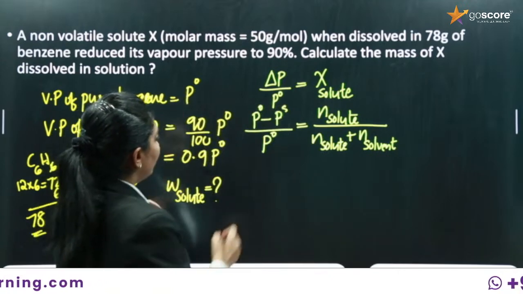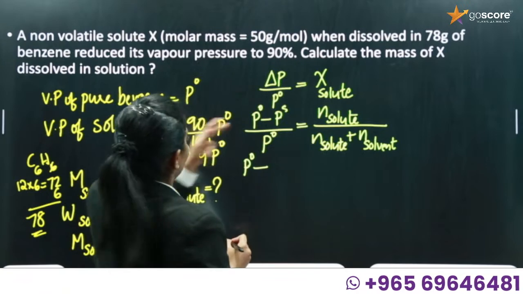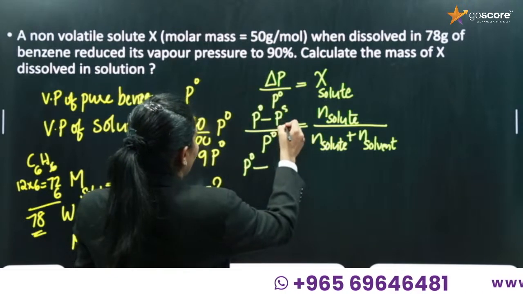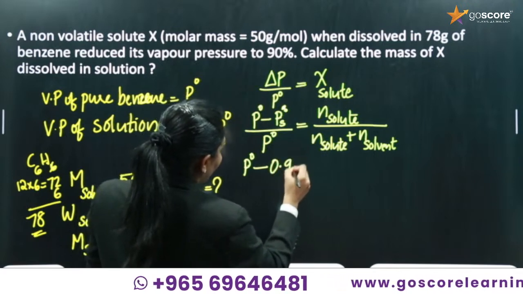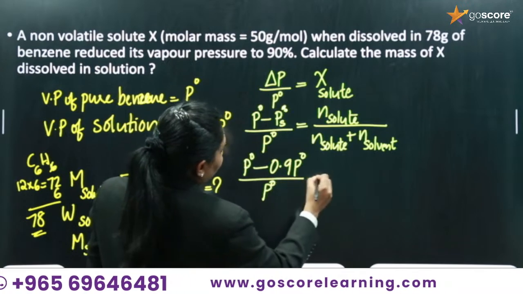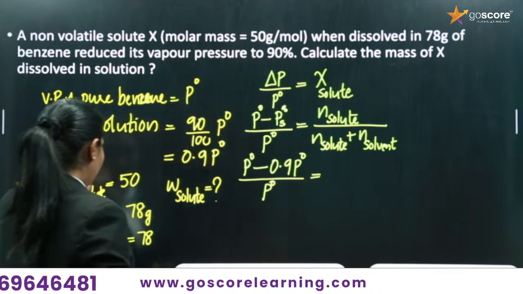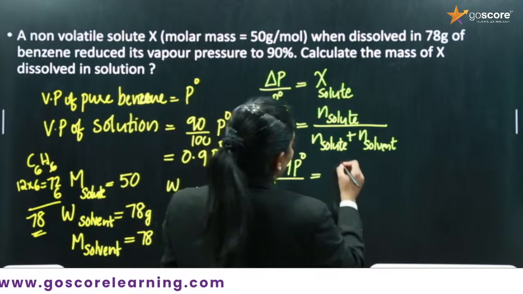So here we can take P naught minus the vapor pressure of the solution PS, and PS as 0.9 P naught, equal to, what is the number of moles of solute? The solute mass we want to find out, the molar mass we know.